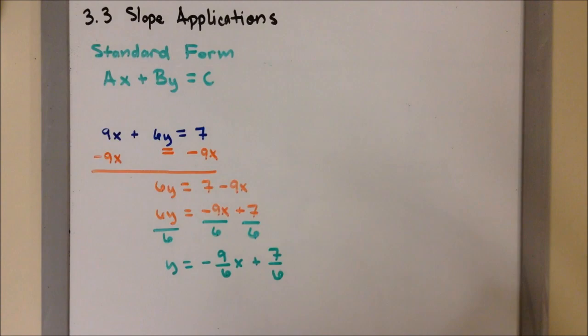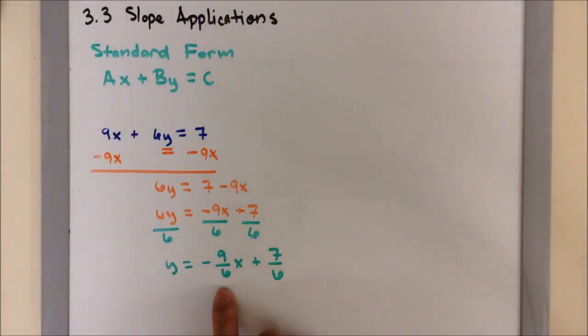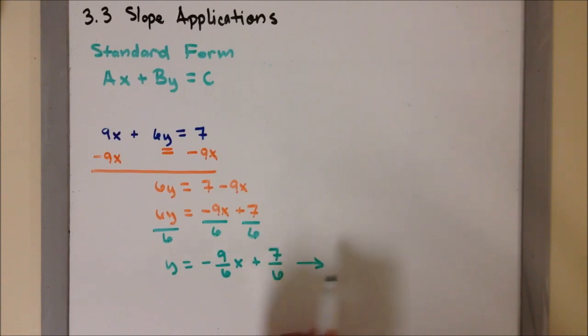Now, first you have to double check if you can do any simplifying on the fraction. In this case you can. Negative 9 over 6, they both are divisible by a common number, which is 3. I'm not going to simplify this one because there's nothing in common between 7 and 6.